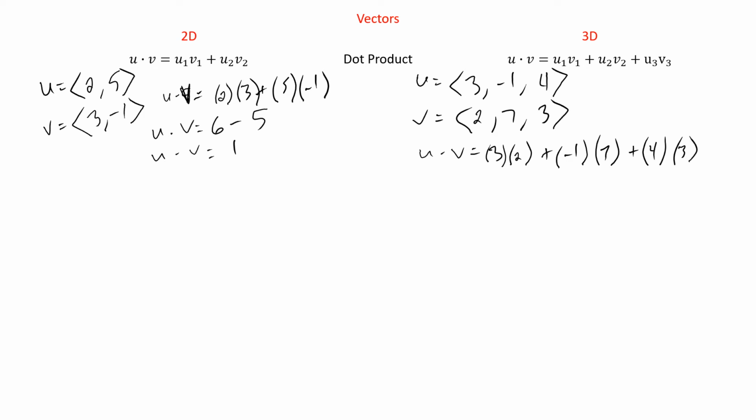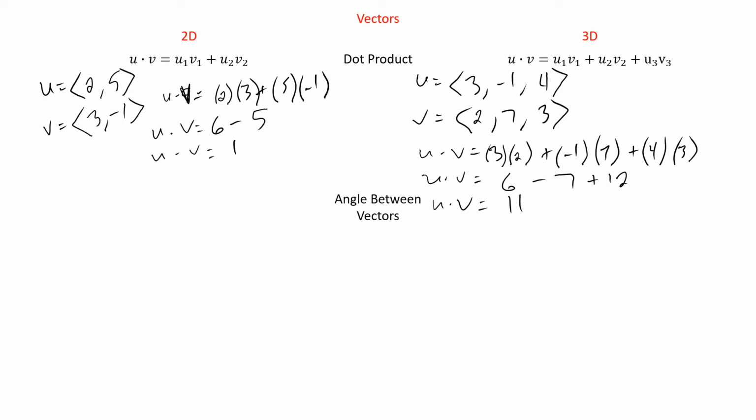I wouldn't normally write out this step. I'd go 3 times 2 is 6. And so I'd write out this next step. We'd have 3 times 2 is 6, minus 7 plus 12 is going to be 11. So that's the dot product, which is, again, a scalar. It's something that is used in a few things, specifically finding the angle between the vectors.